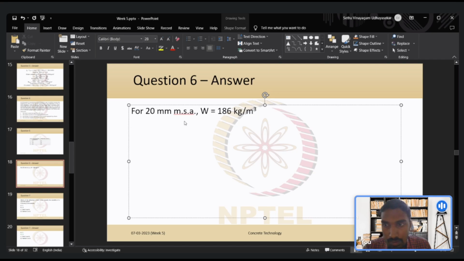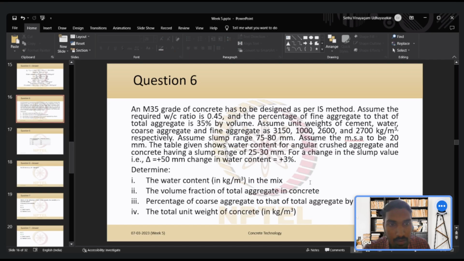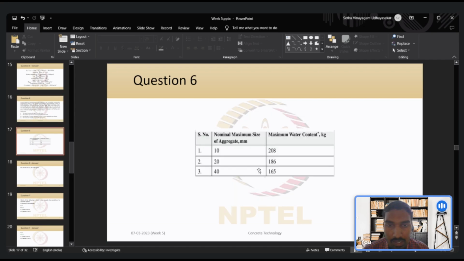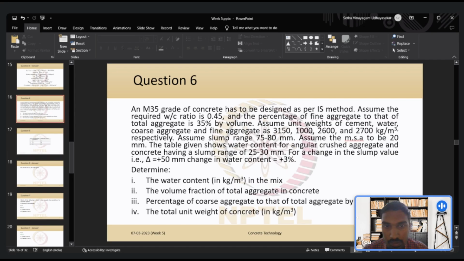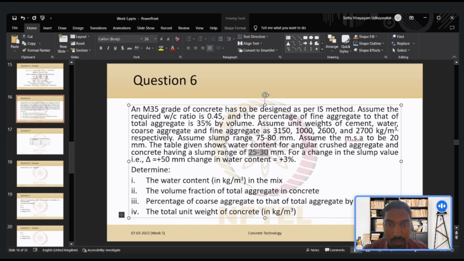Okay, but this is not enough. Why? Because the value given in the table is for a slump range of 25 to 30 mm, but the slump range that we are working with is 75 to 80 mm. So we need to adjust the water content given in this table.